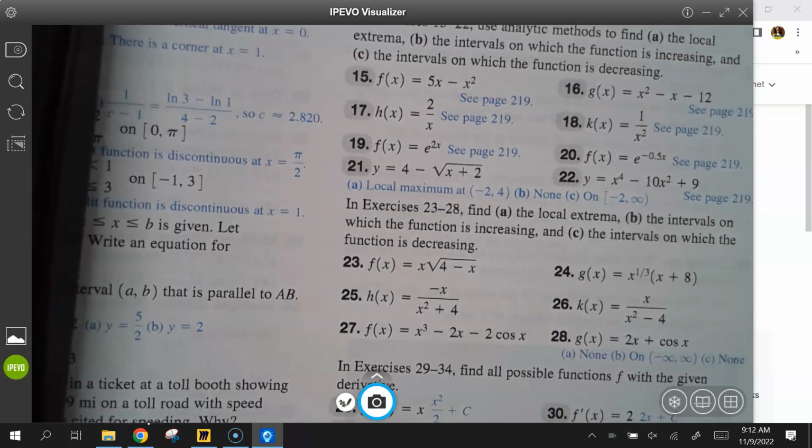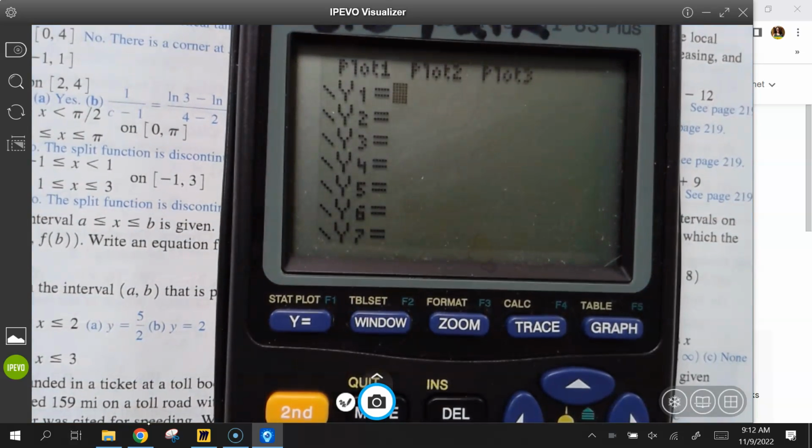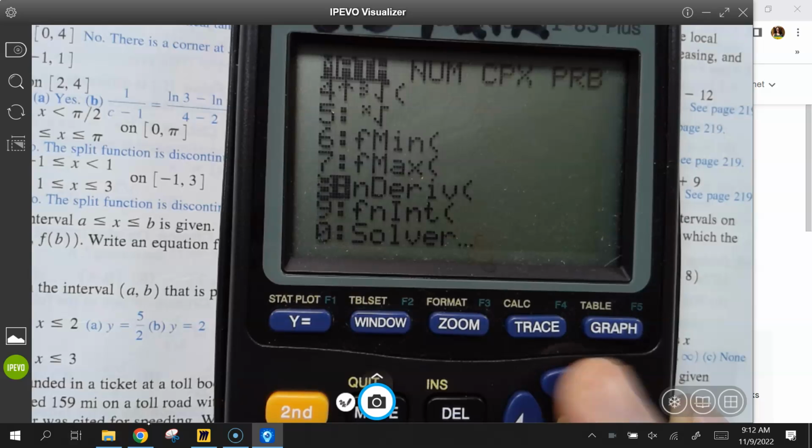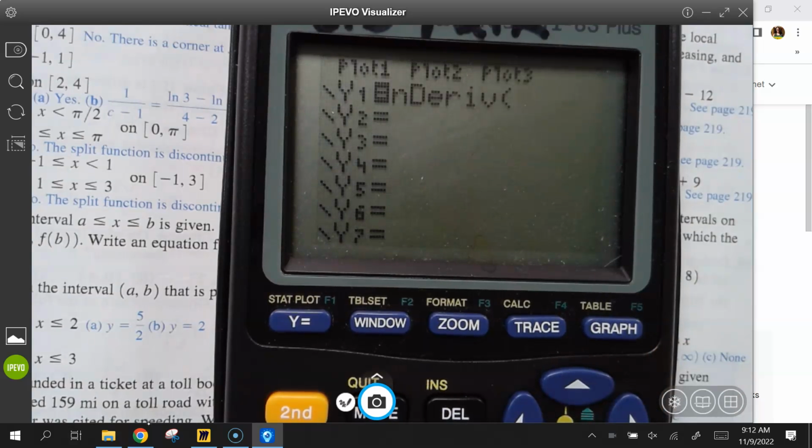So in Y equals, I'm not going to type in the equation yet. Hit math and nDeriv, and I'm going to put an extra parenthesis, and type in this equation.